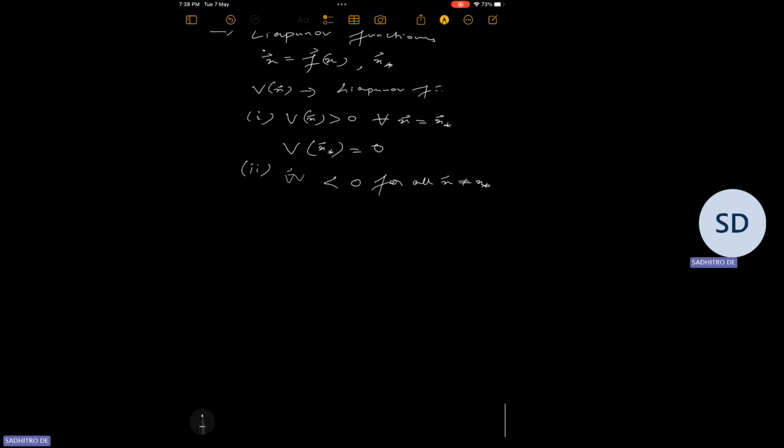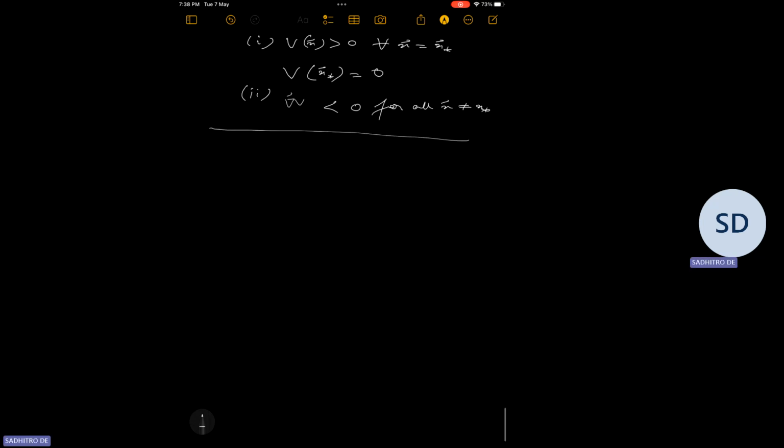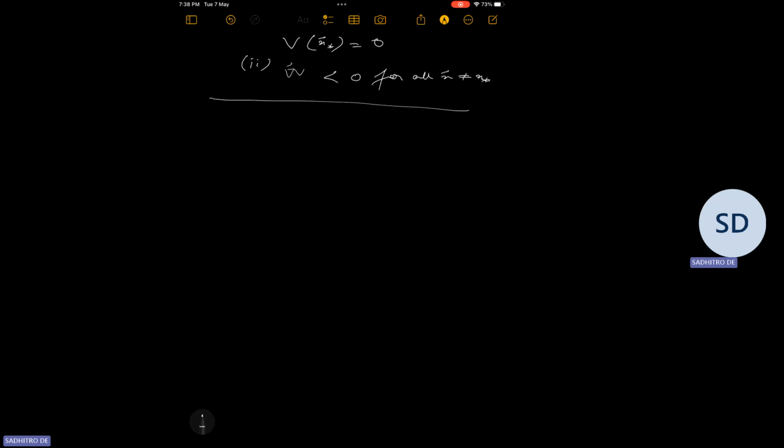Okay, now let us take a look at a theorem which states the opposite. We had already seen in which ways we can rule out closed orbits, and now we will see a theorem which states the conditions under which a 2D system can have a closed orbit or a limit cycle. So this is called the Poincare-Bendixson theorem. So the theorem is as follows.